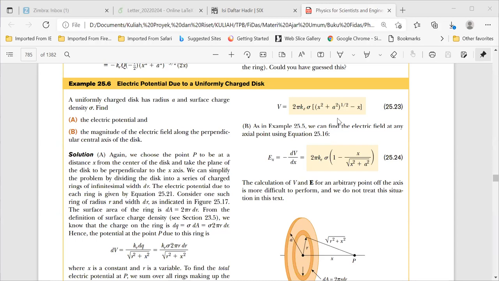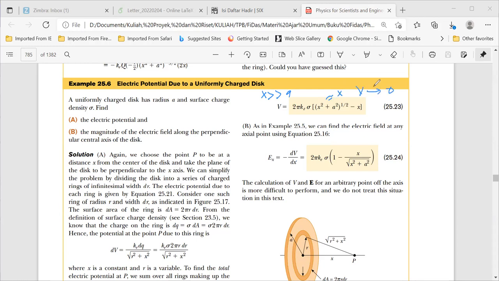Is there any question? You can see that from 25.23, if x is very large, the square root should be equal to x. So x minus x, and phi goes to 0.